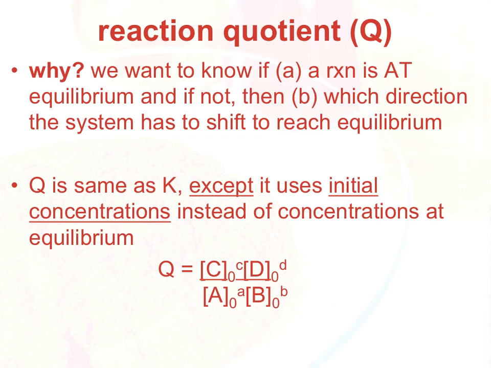We're going to use a modified version of our equilibrium expression, and instead of using K and the concentrations of our reactants and products at equilibrium, we use Q to represent the reaction quotient, and we use initial concentrations of our reactants and products to solve for Q. Then we take our Q value and compare it to our K value, and that can answer a ton of questions for us.